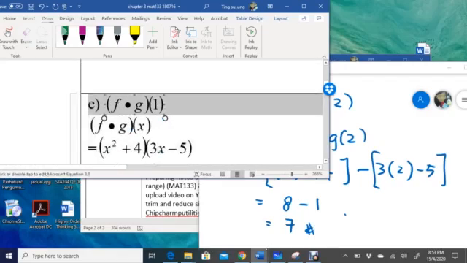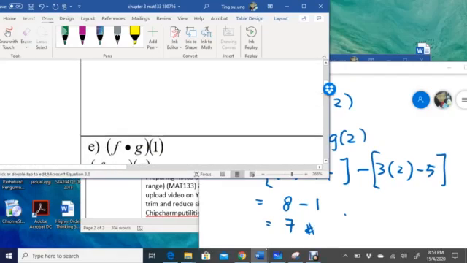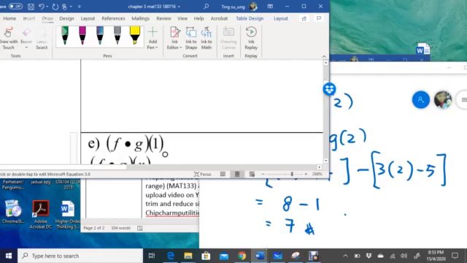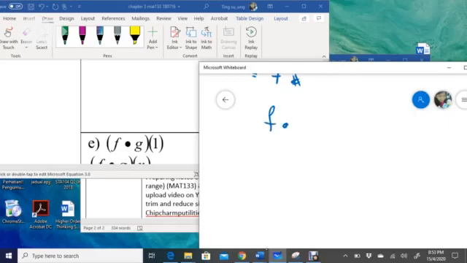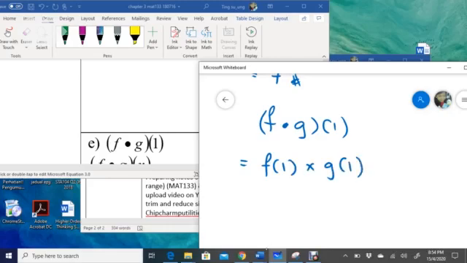Same thing, multiplication. How? So f multiply g, black dot is multiply. So that means it is f(1) times g(1).